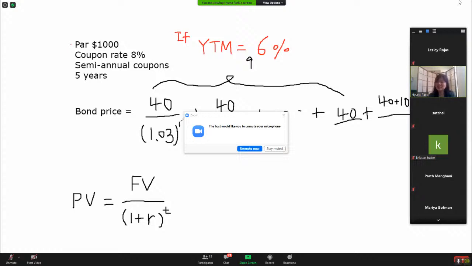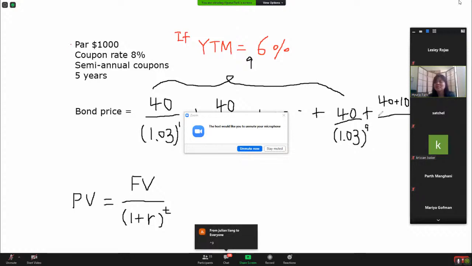Any questions? And then what should I write here? 1.03 to the power of 2. Yeah, good job. And what should I write here? The last $40 to the power of 9.